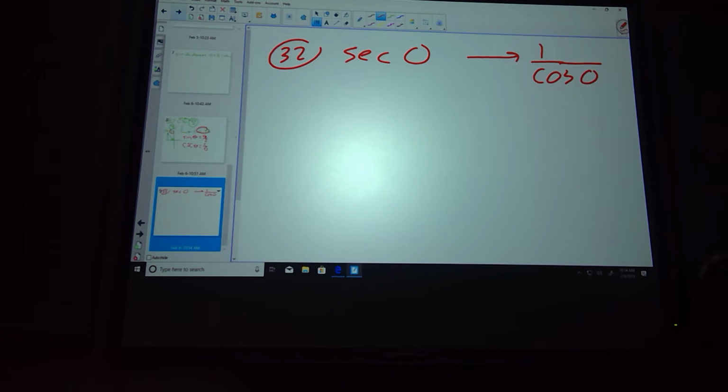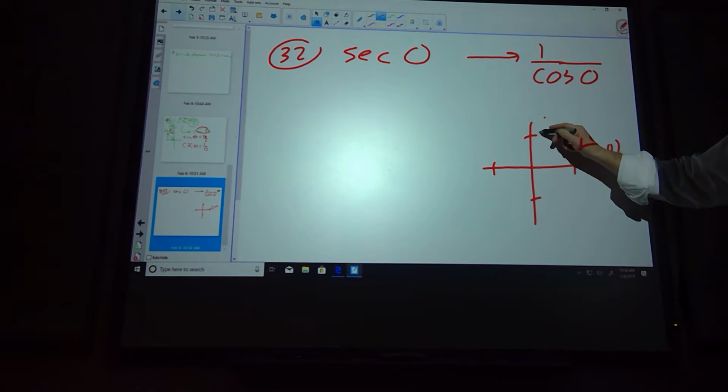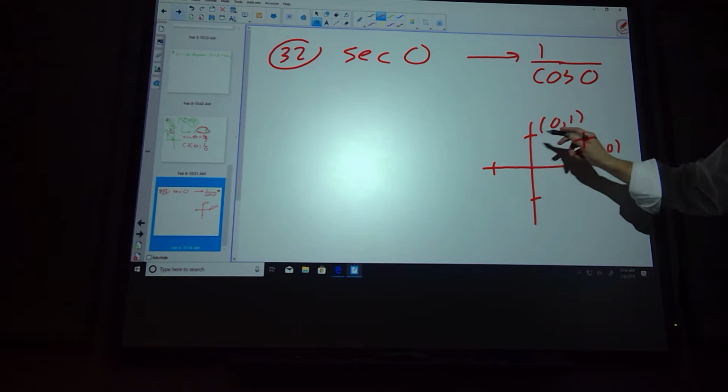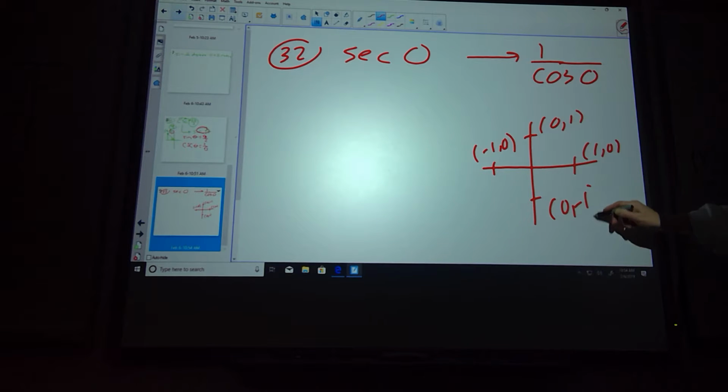On my ordered pairs, cosine goes with which value? It goes with x. So cosine goes with x. The cosine of 0 is, where is cosine 0?